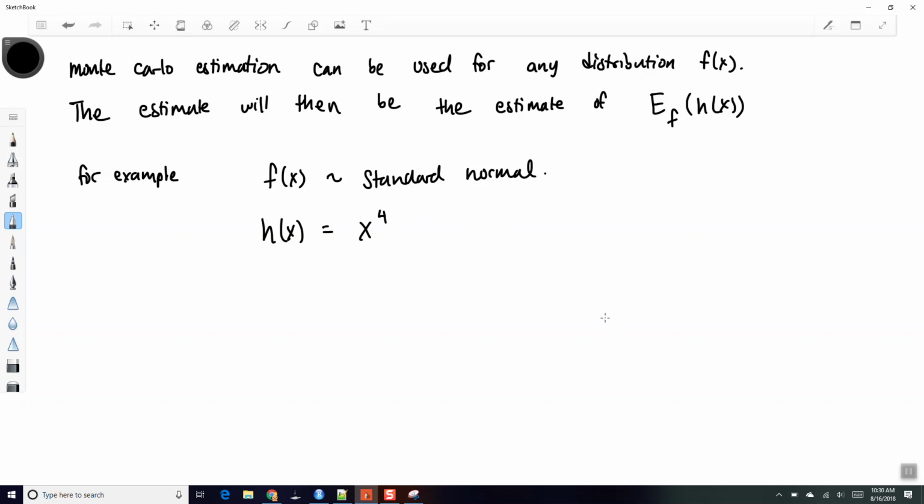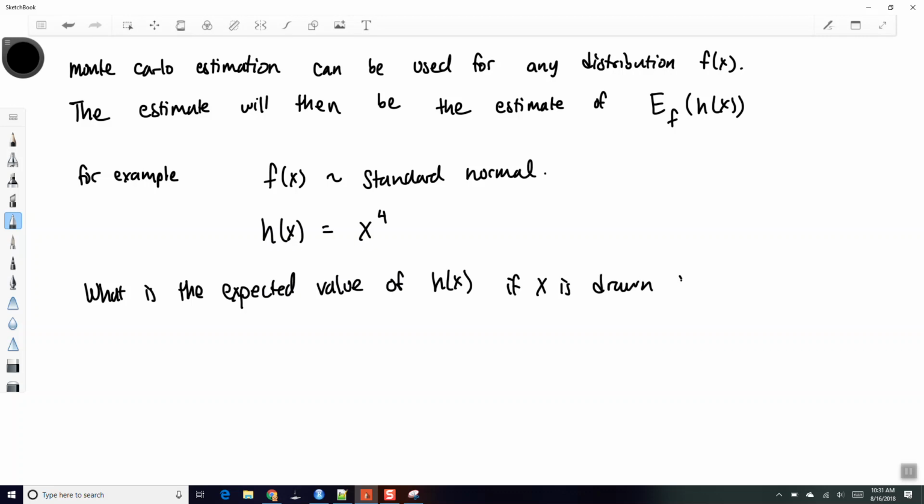And we could ask, what is the expected value of h of x if x is drawn from standard normal? Okay.